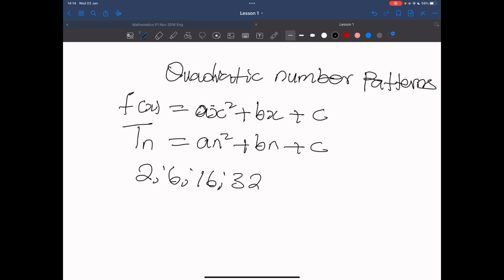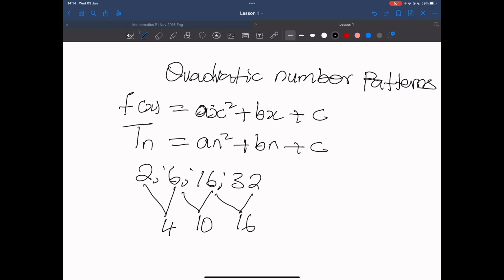If we check the first difference, remember, you must always take the one from the right and subtract the one from the left. So this time it will be 6 minus 2, which is 4. In this case it will be 16 minus 6, which is 10. And then 32 minus 16 is 16.